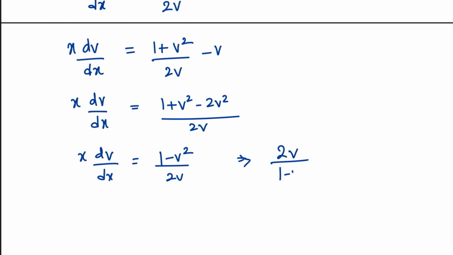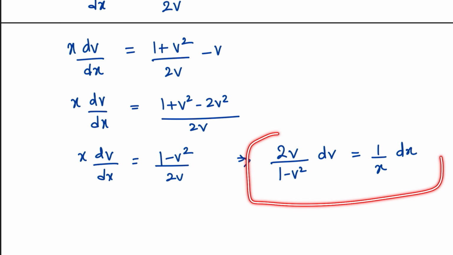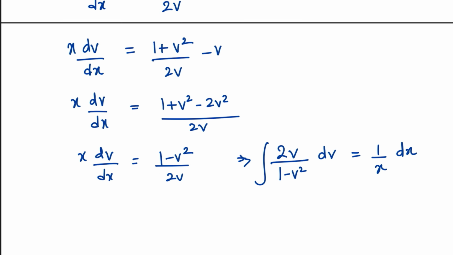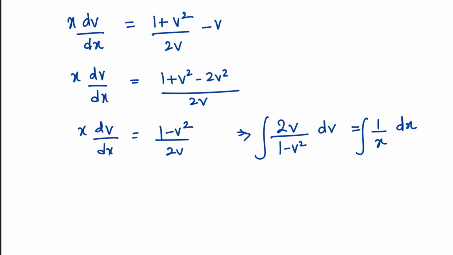2v upon 1 minus v square dv equal to 1 by x dx. I have taken this x here and dx here. So you will have to integrate it. Now I can take 1 minus v square equal to t. So minus 2v dv will be equal to dt. And this will be log x.